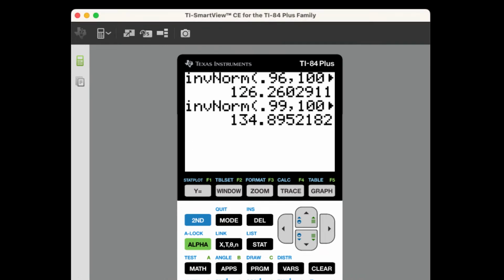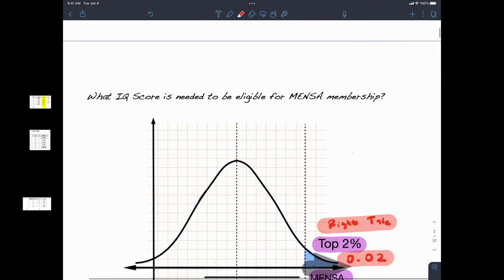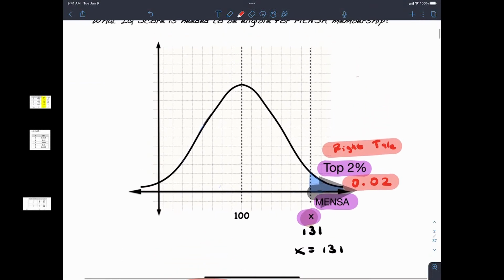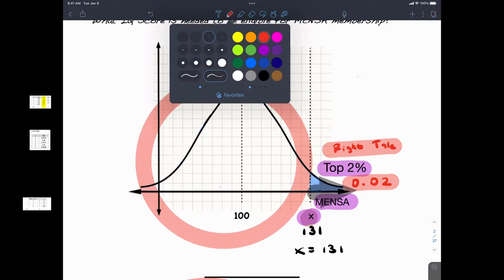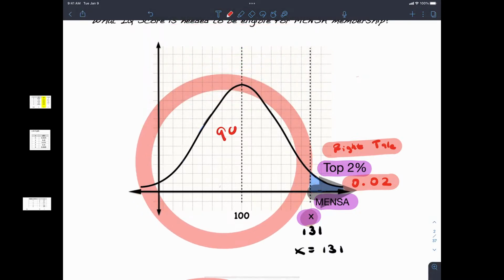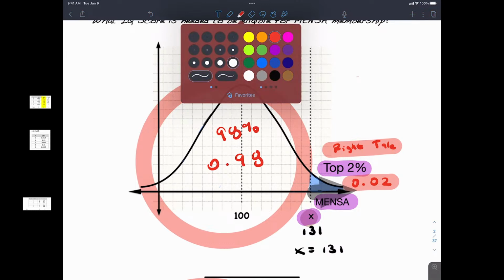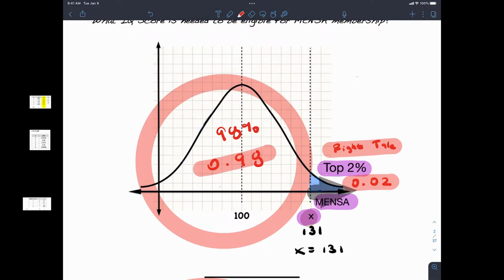Let's look at the question here. 2%. Now this is going to be what? 98%. And you write that as 0.98. Area to the left of that value, I bet you it's going to be 131.